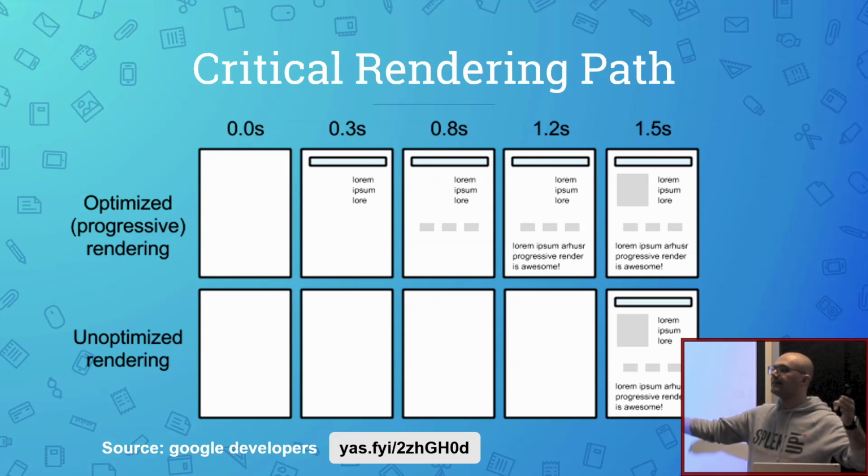They care about what they see as they get there, right? So if you really care about the critical rendering path, you can start rendering stuff as it comes, slowly and then steadily until you get to the end. You don't need to wait for everything to finish.